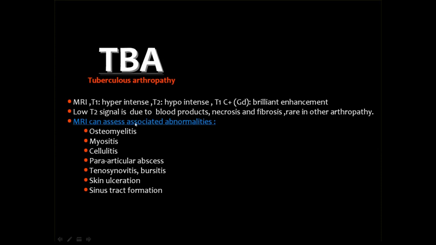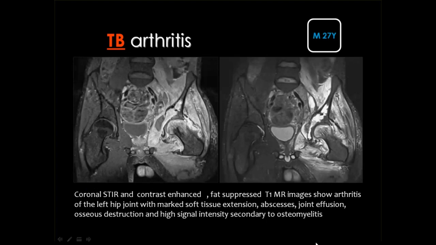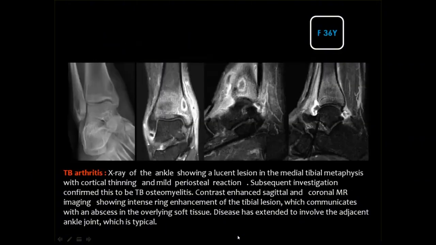Then MRI can also assess any associated abnormalities with tuberculous arthropathy, like affection of the bone, the muscles, the skin and subcutaneous tissues, the presence of para-articular abscesses, tenosynovitis, skin ulcerations, and sinus tracts. And this is an example of TB arthritis of the left hip, where you get destructive changes in the femoral head and the acetabulum, as well as significant edematous changes of the surrounding muscles.